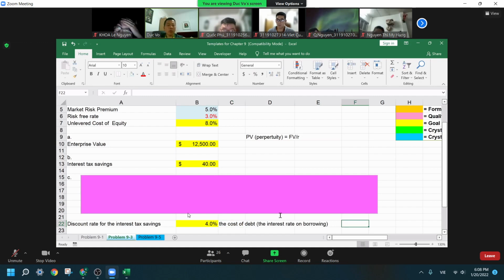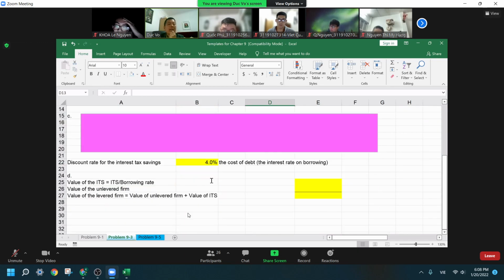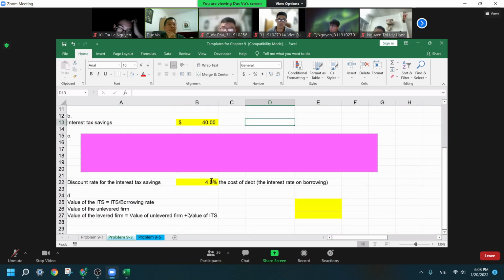The cost of debt or the interest rate on borrowing.